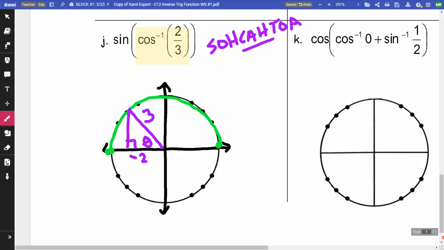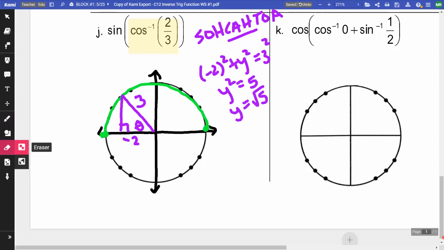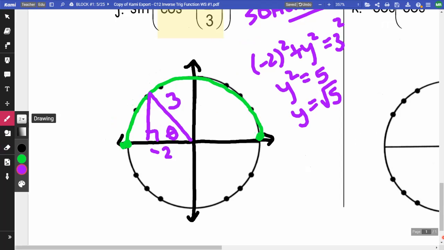Let me call this y. So -2 squared plus y squared is equal to 3 squared. So basically I'm going to get y squared is equal to 9 minus 4, which is 5. So it's going to be the square root of 5.